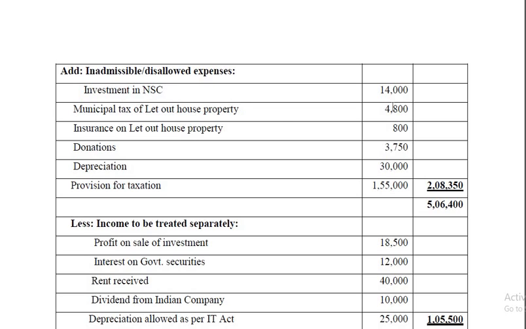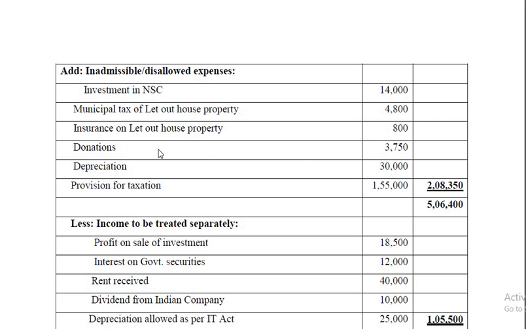Municipal tax on let out property 4,800, that's relating to another head, so deduct. Insurance on let out house property, we are adding inadmissible expenses, so it is debited to profit and loss account, therefore you have to add back. Insurance on let out property 800.